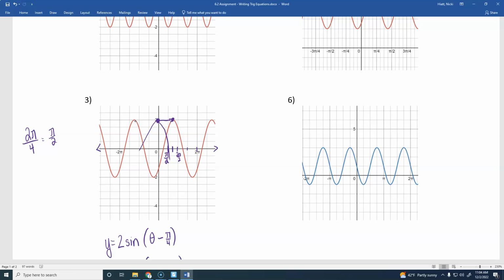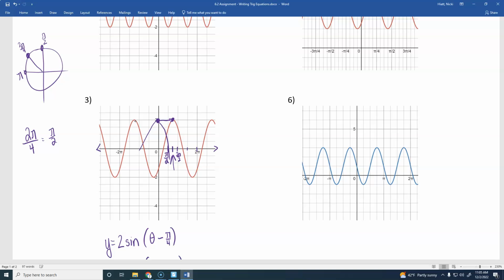So we are looking at the point halfway between, and halfway between, you could think of unit circle, right? Pi over 2 is here. 2 pi over 2, or just pi, is right here. What is halfway between? That would be 3 pi over 4. You could think of unit circle.